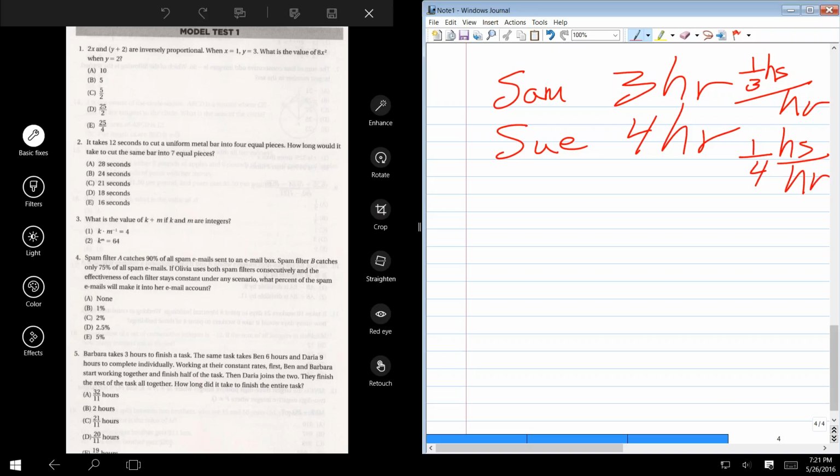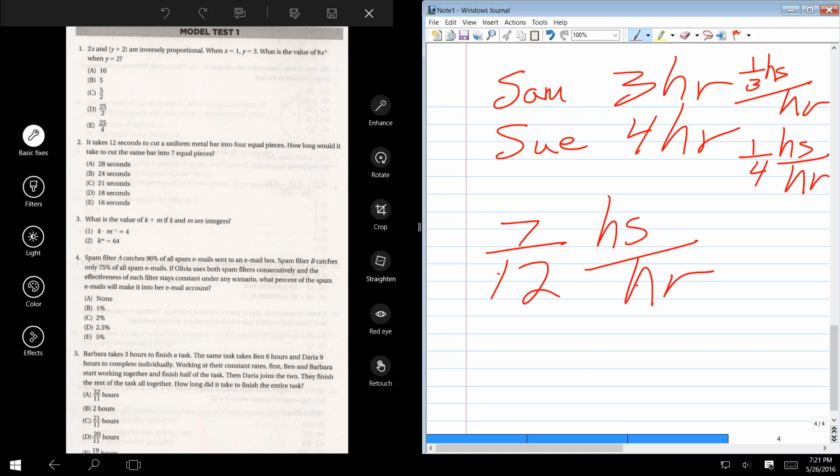So working together, in opposite ends of the house, at the end of 1 hour, he's going to have 1/3 done, she's going to have 1/4 done. So at the end of 1 hour, they're going to have 7/12 of the house done.